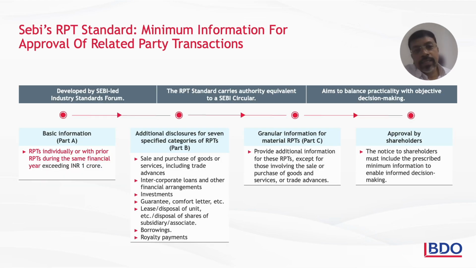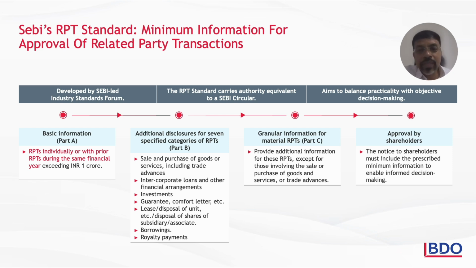Now, what does the new or revised industry standard on related party transactions notified by SEBI state? Point number one: this was developed by the SEBI-led Industry Standards Forum, and it has authority equivalent to a SEBI circular.